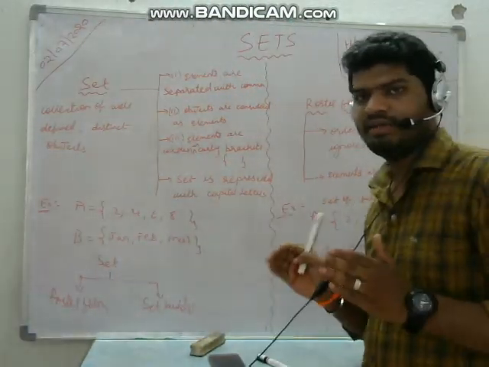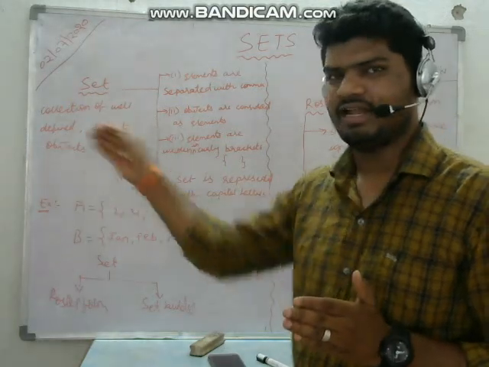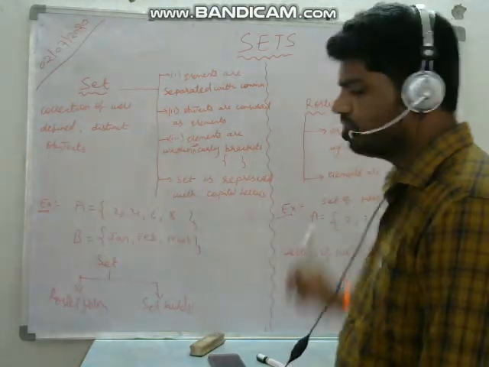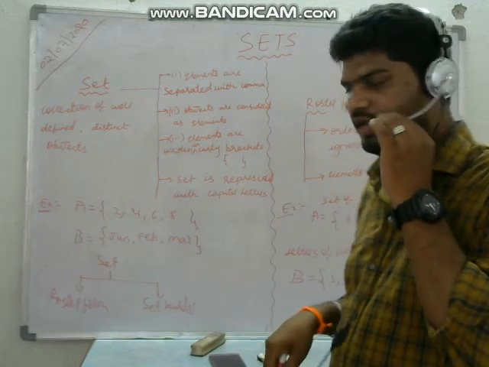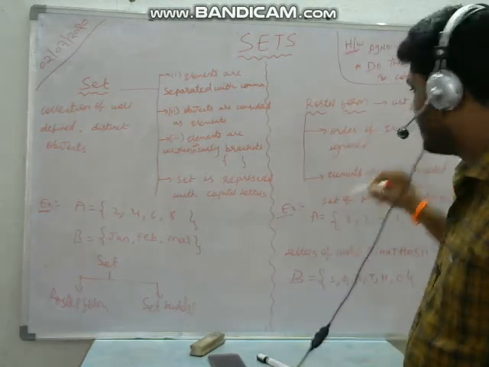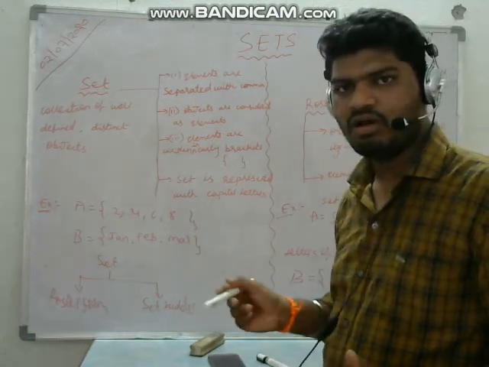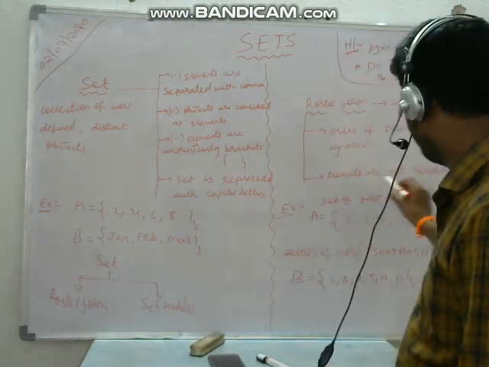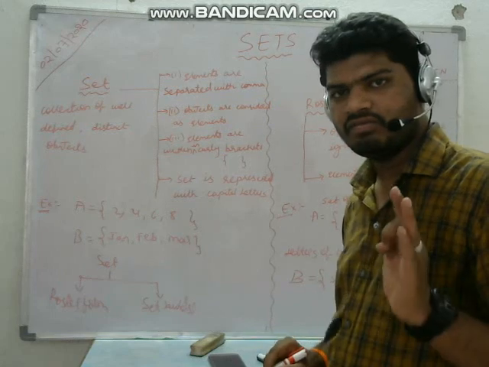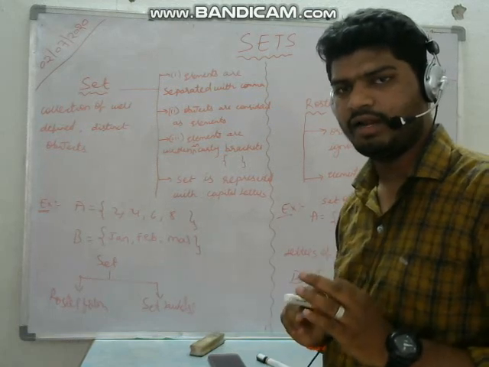Why? Because the elements in the roster form are listed. So that is the reason the name came, list form. And we have some rules for roster form, that is, order of elements is ignored. We can ignore the order of elements in the roster form, and elements are not repeated. Elements of the roster form should not repeat.